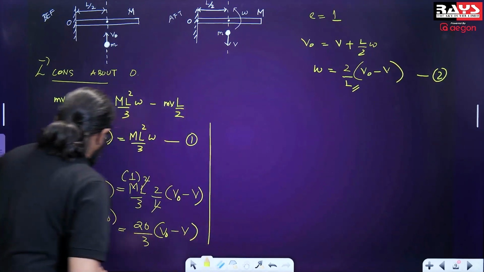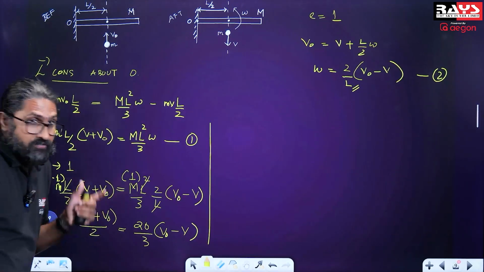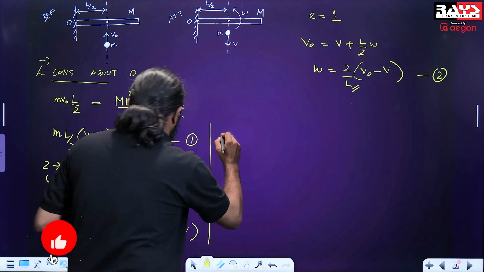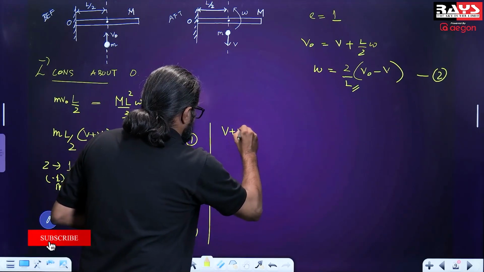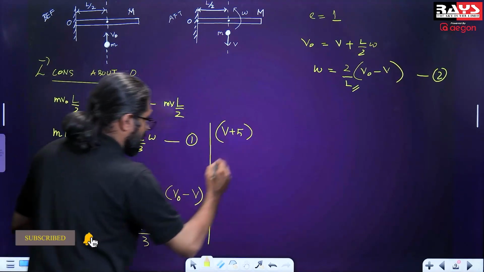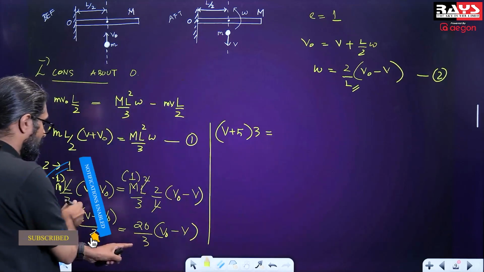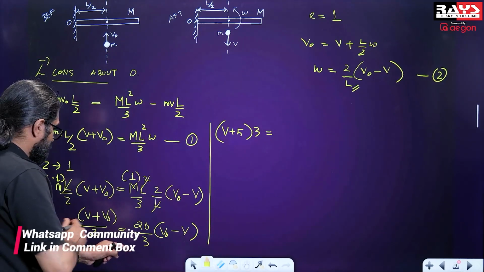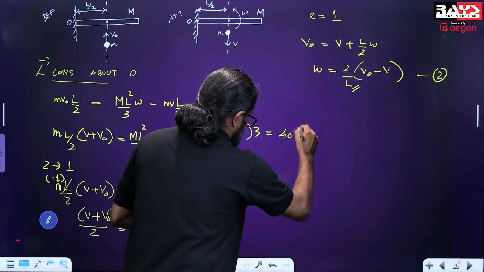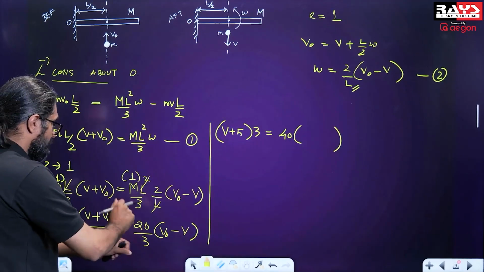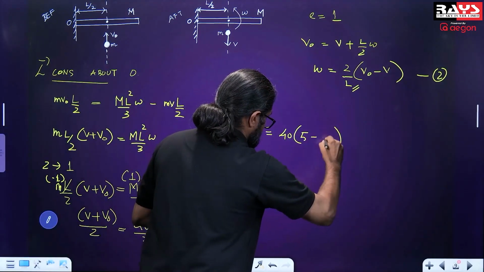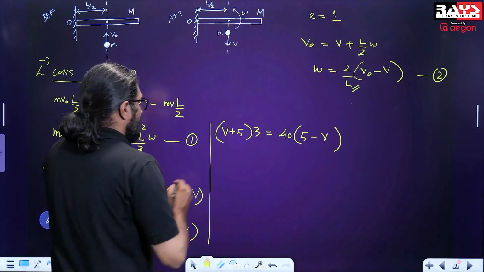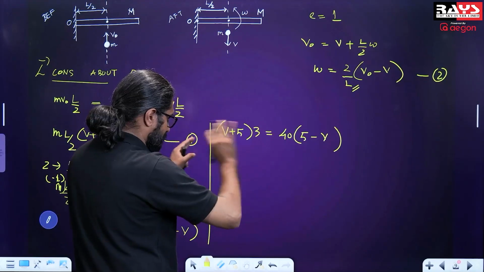Now, we'll try solving this. You know that v0 is 5, that is given in the question. So we have (v plus 5) multiplied with 3 on cross multiplication, which will be equal to 40 multiplied with (5 minus v). Try and simplify this by opening the brackets.